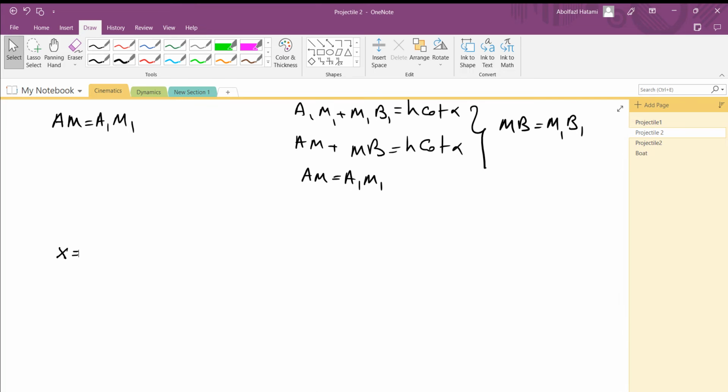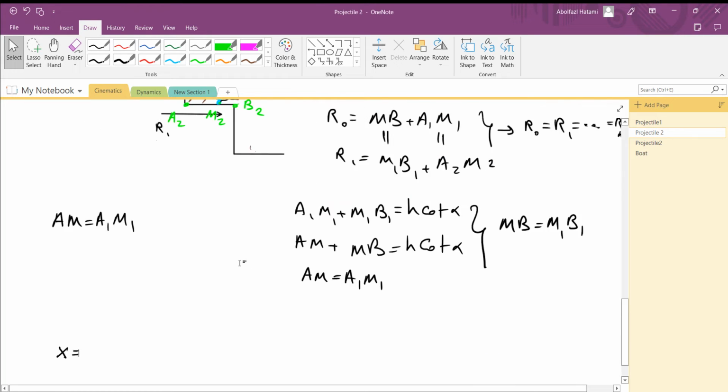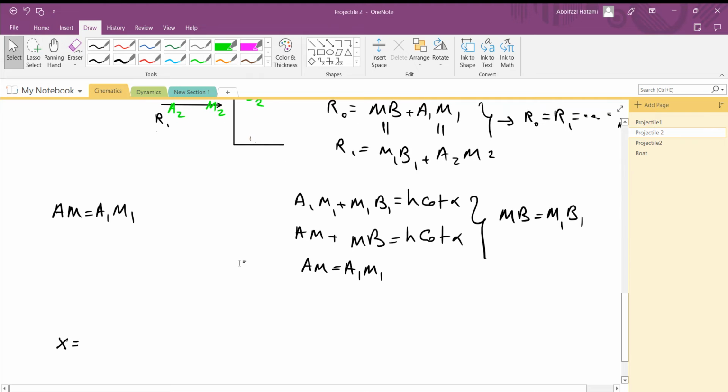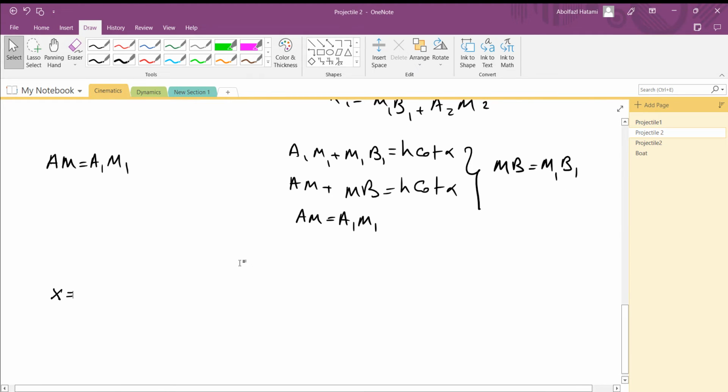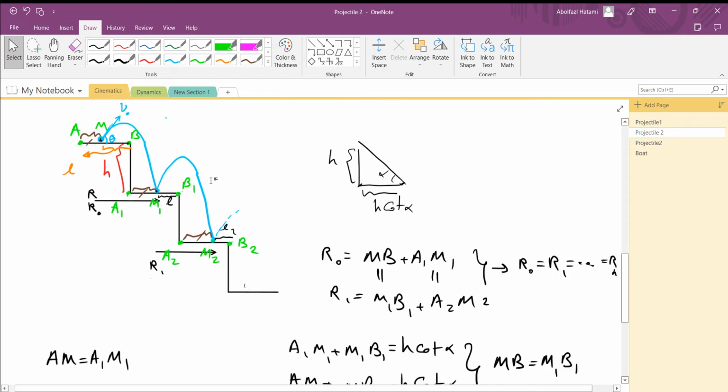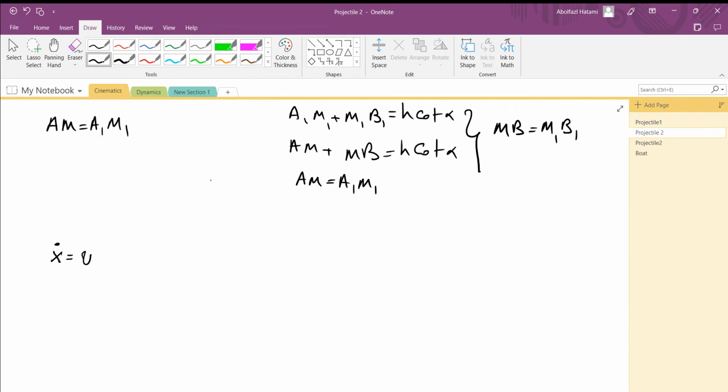The x dot, the velocity in the x direction, is v0 cosine of theta, because we shot it with this velocity in the x direction. Because v0 and cosine of theta are constants, if we integrate this equation, we obtain that x of t is just v0 t times cosine of theta.